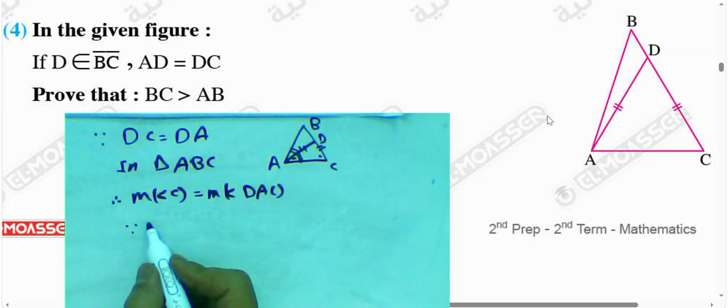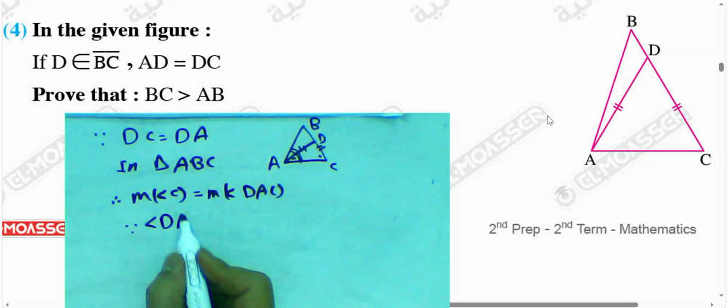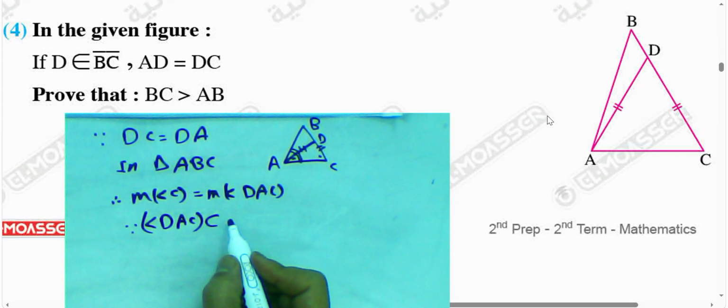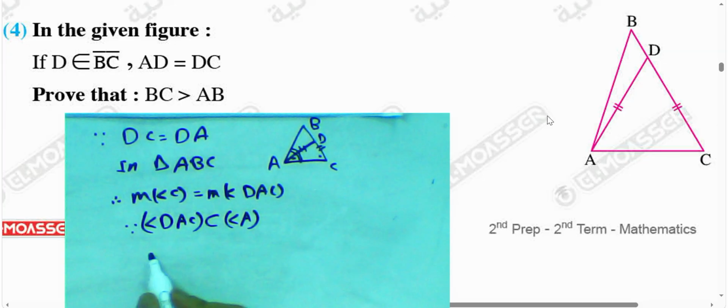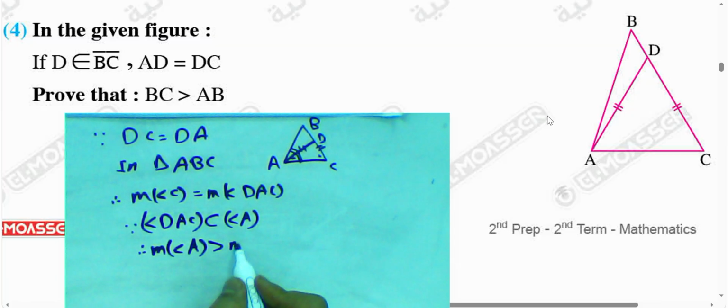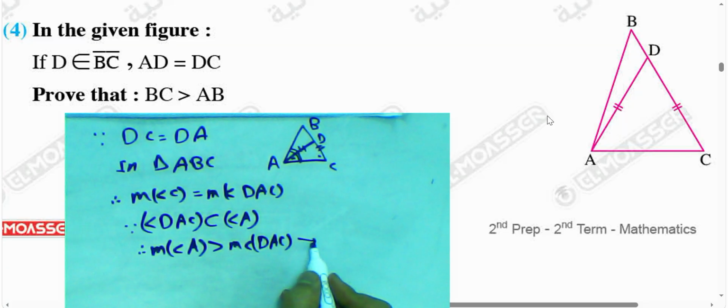And angle DAC is a subset of angle A, then the measure of angle A will be greater than the measure of angle DAC. This is relation number 2 and the other is relation number 1.